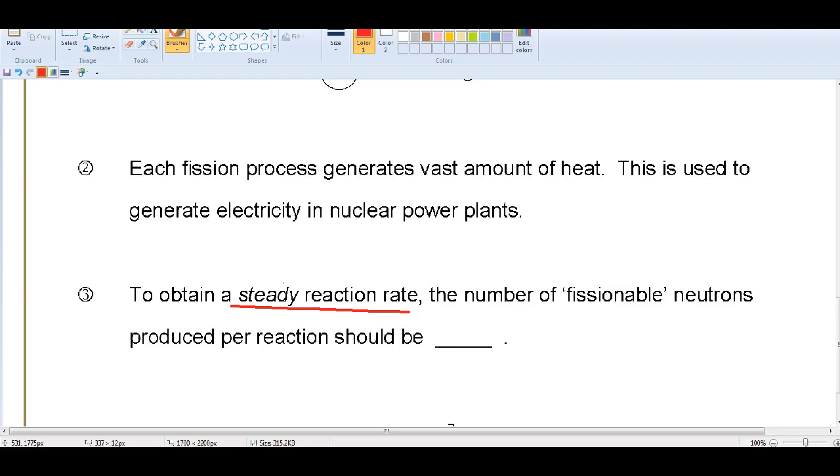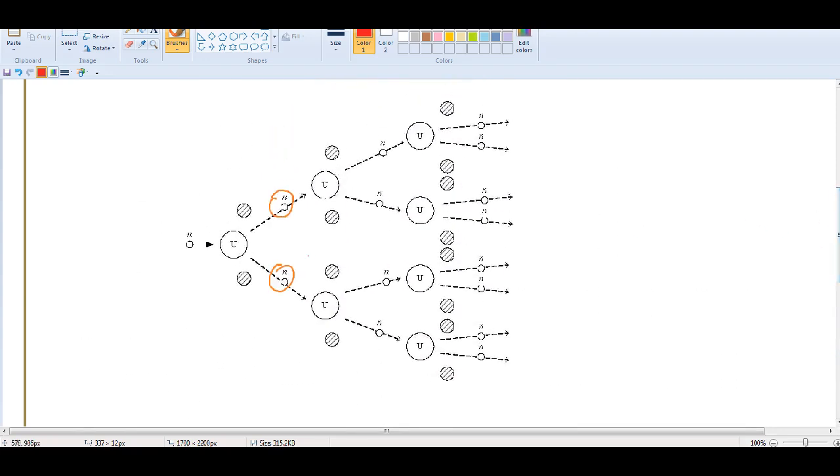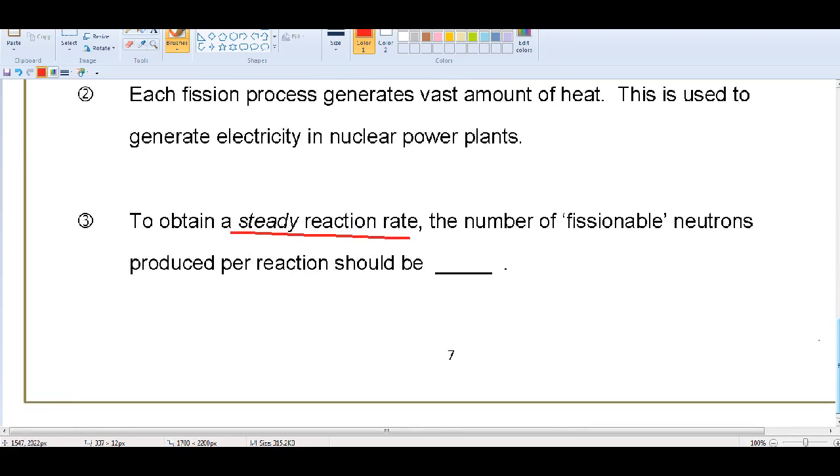So to keep a steady reaction rate, so you can control the scale of reaction, you can't let both fission neutrons hit another two uranium. For every uranium, if I get a neutron to hit it, I get two neutrons.